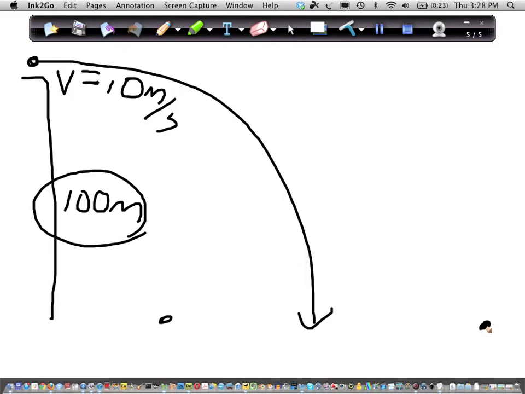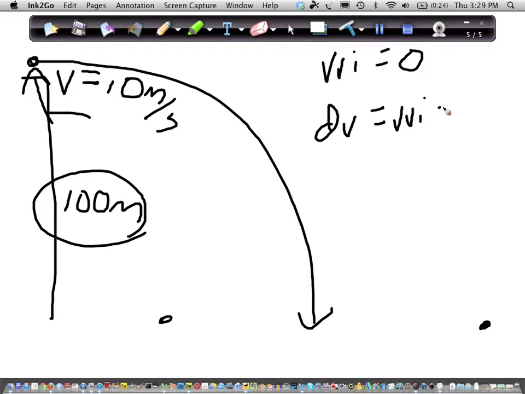So, how do we get this time? Well, we know at this point right here, up here, we know that VVI, velocity vertical initial, is 0. So we know that distance vertical equals VVI plus 1/2 GT squared.